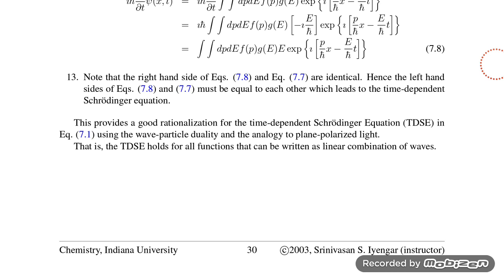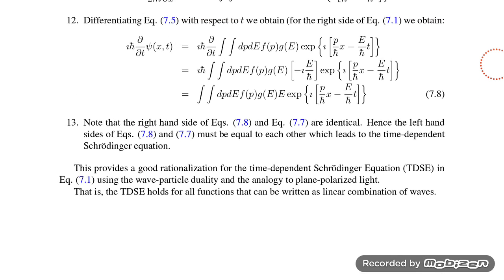This provides a good rationalization for the time dependent Schrodinger equation using the wave particle duality and the analogy of plane polarized light. In short, we call it TDSE, the time dependent Schrodinger equation. Thank you.